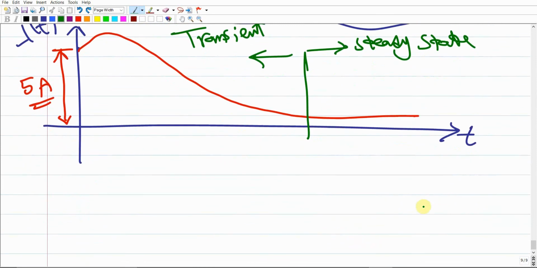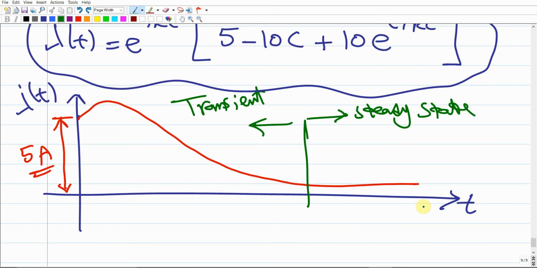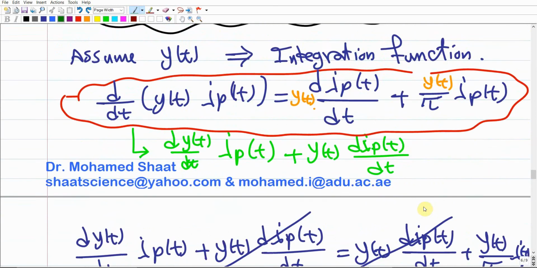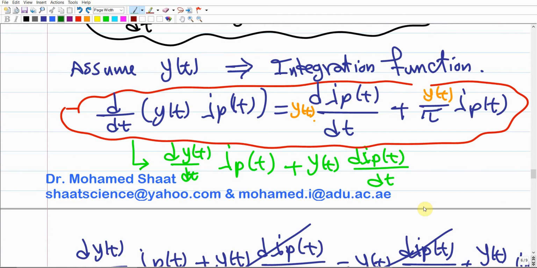But the objective for now is just to show you how we can derive the solution of the first order ODE, and this is what we got here, right? So from now on, you don't need to write all of this derivation of the first order ODE, all of this mathematics, forget about it, okay?